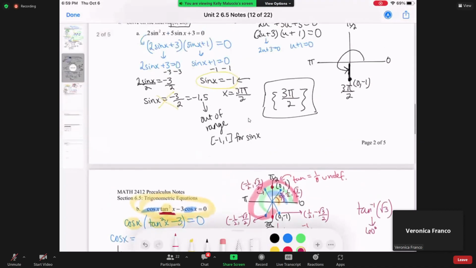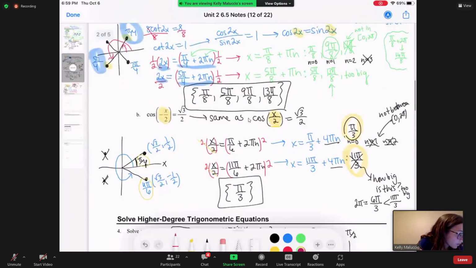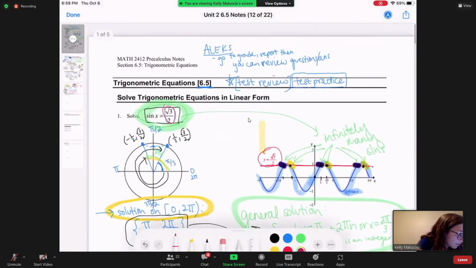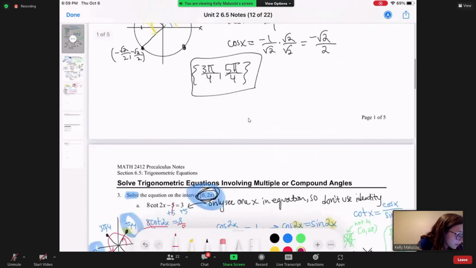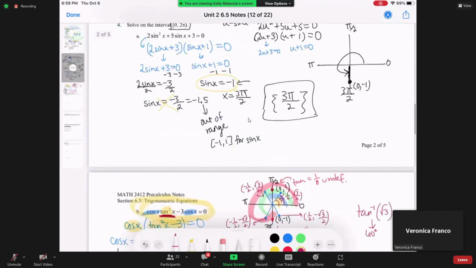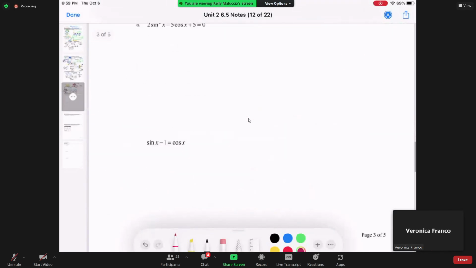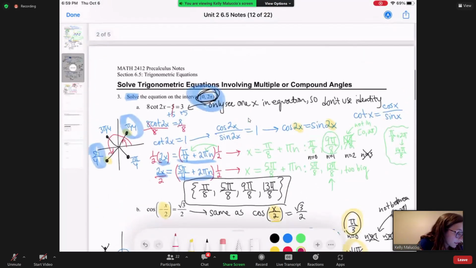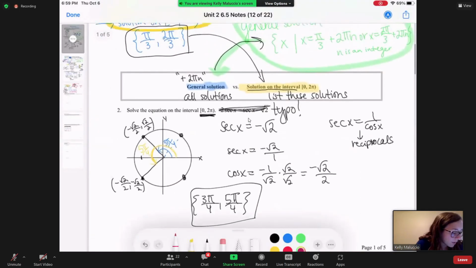Even when I see secant is 2, or when I see secant with the square root of 2, I know it's involving root 2 over 2.